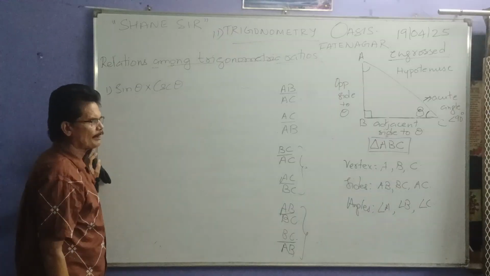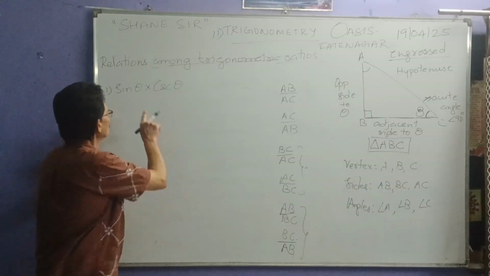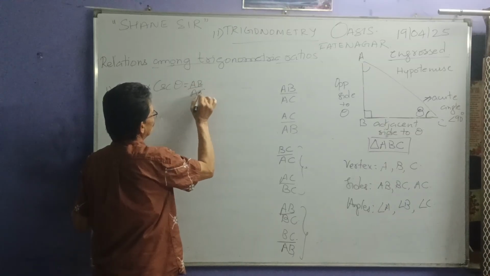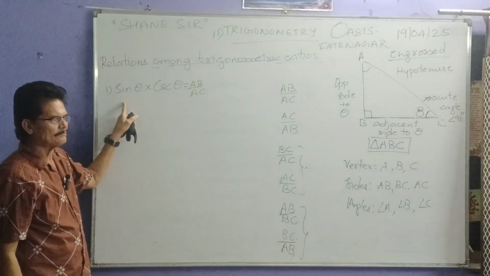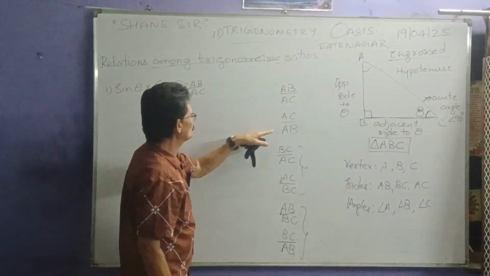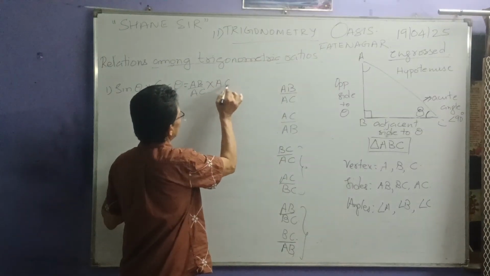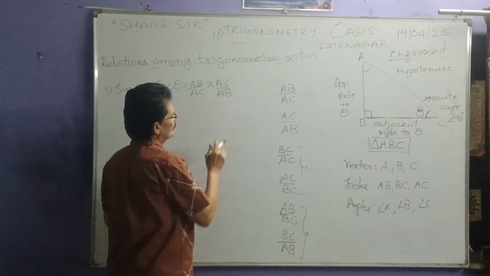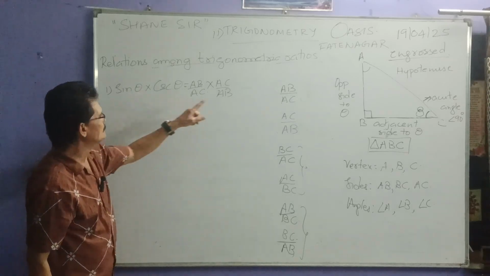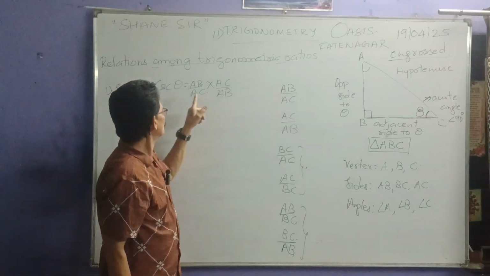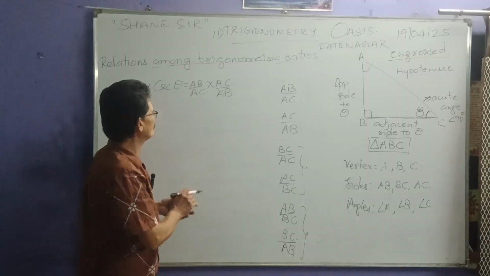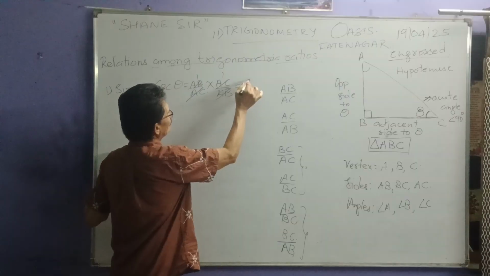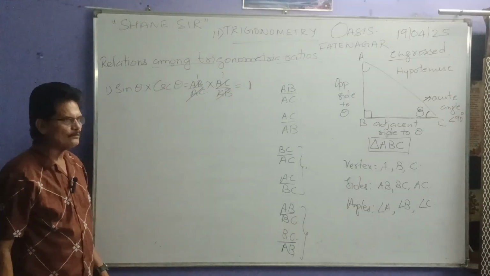Sin theta is AB by AC, and cosec theta is AC by AB. AC goes in AC one time, AB goes in AB one time. 1 into 1, 1.